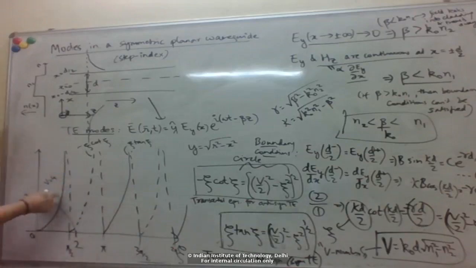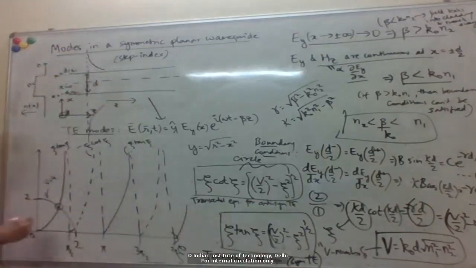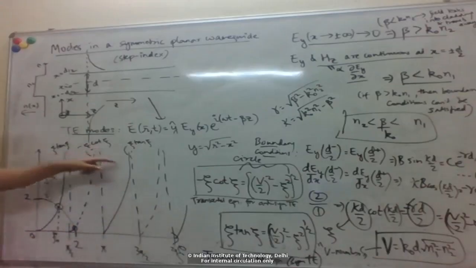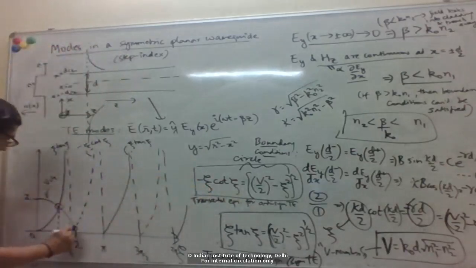You can see that it intersects the zeta tan zeta curve here once. That will correspond to a symmetric TE mode, so this is some solution zeta 0. Then there is another intersection here with the dotted line, the cotangent function, that corresponds to the anti-symmetric mode. Let's call this solution zeta 1.